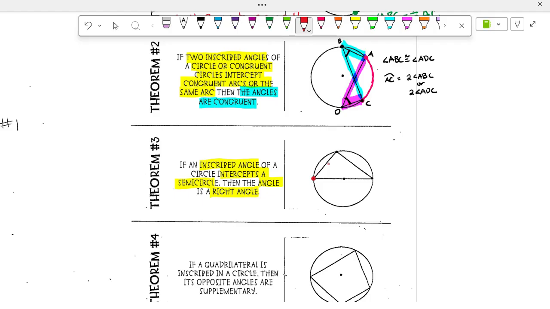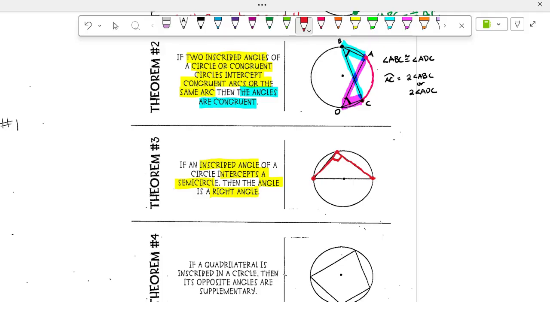So look at this angle right here. It's clearly intercepting a semicircle because its two endpoints are on the diameter. So that means that this angle measure is a right angle or 90 degrees. Why is that true? What's the connection between the intercepted arc and the inscribed angle?